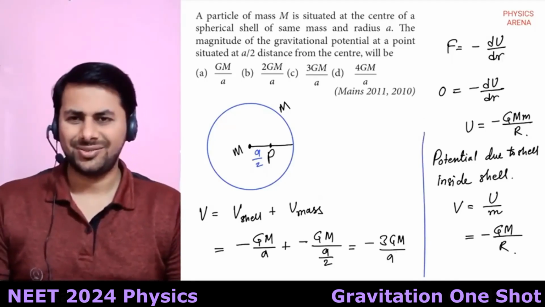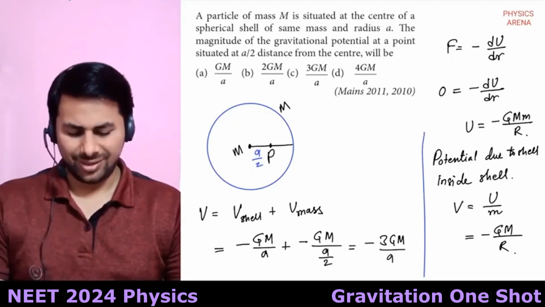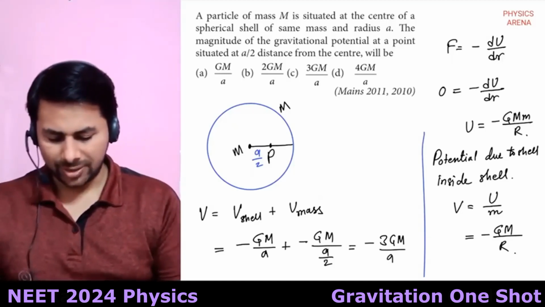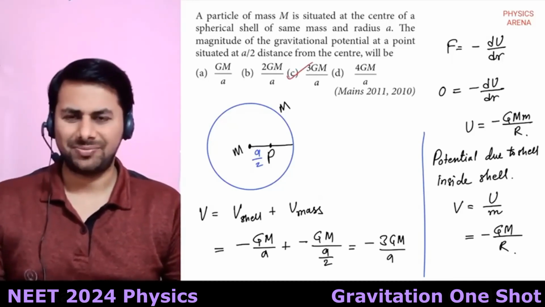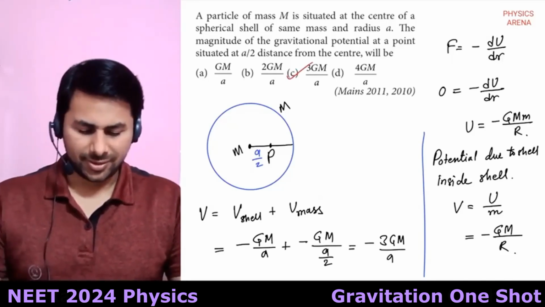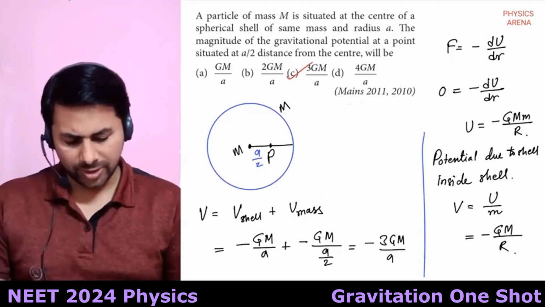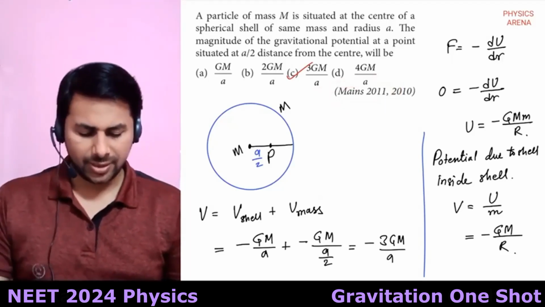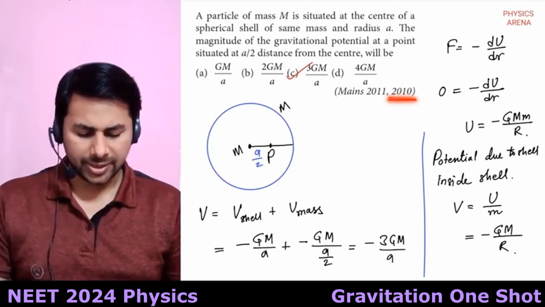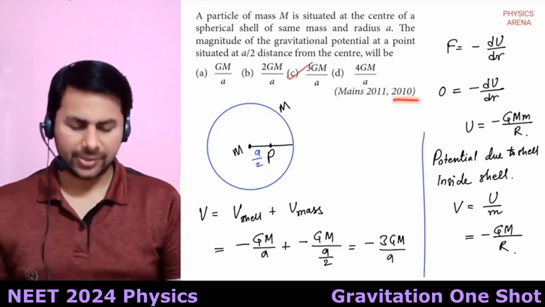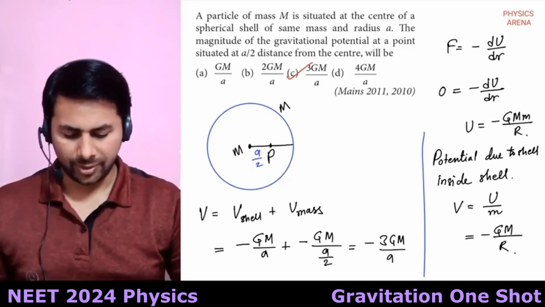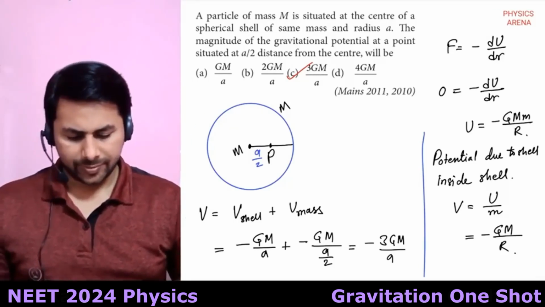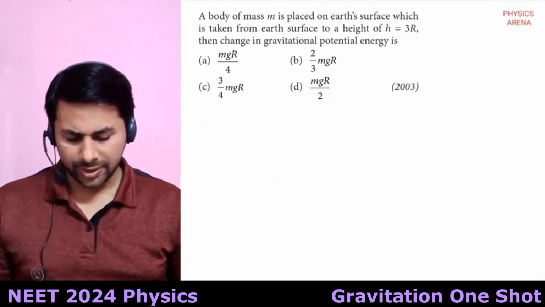Is it clear? And of course, if you want magnitude, it will be 3GM upon a. Okay, so this was asked in NEET 2010. All right. Let's see next one.